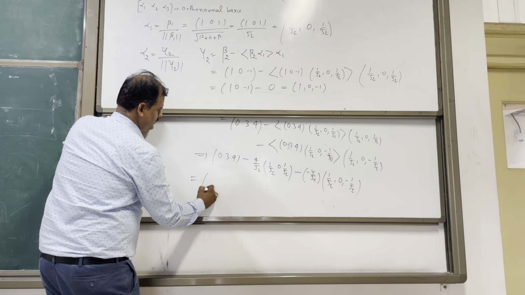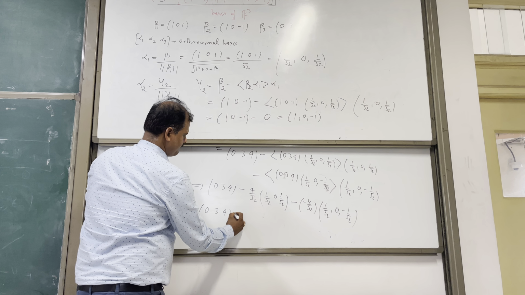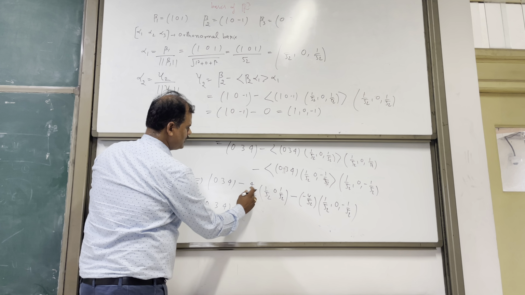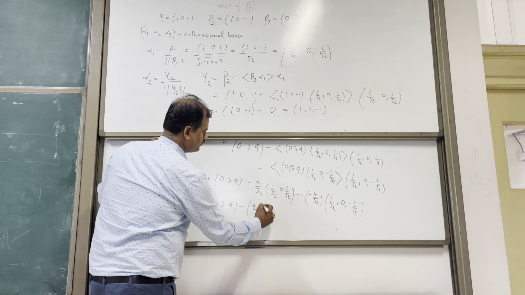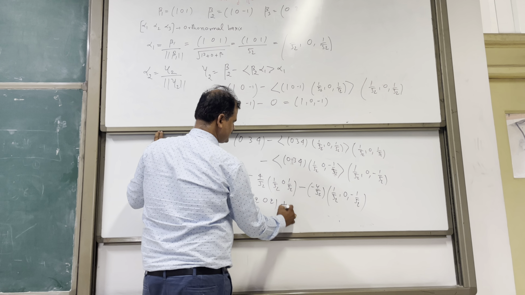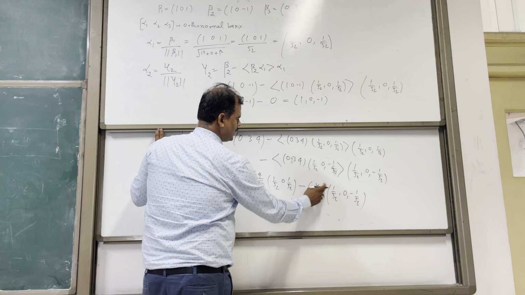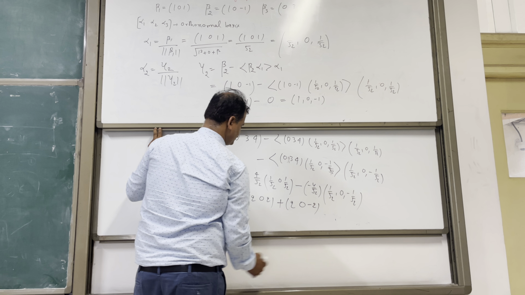Then we have (0, 3, 4) minus (2, 0, 2) plus (2, 0, -2).